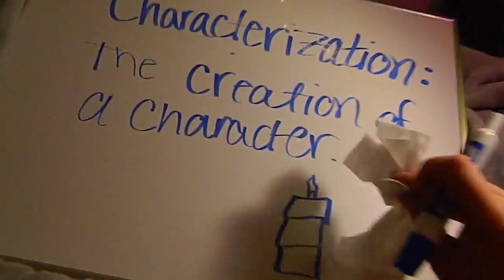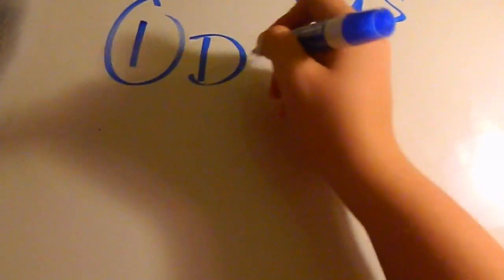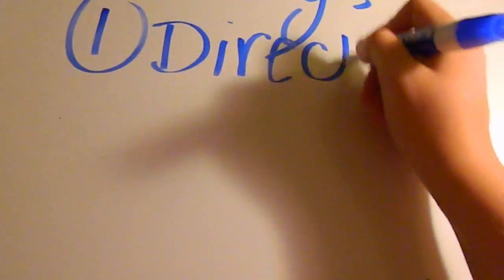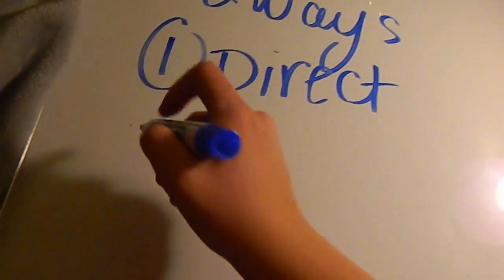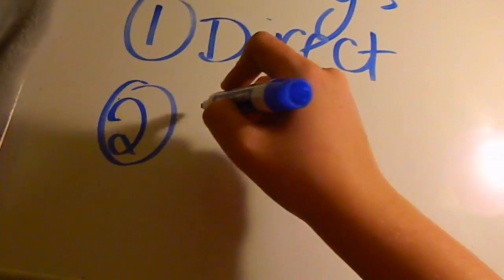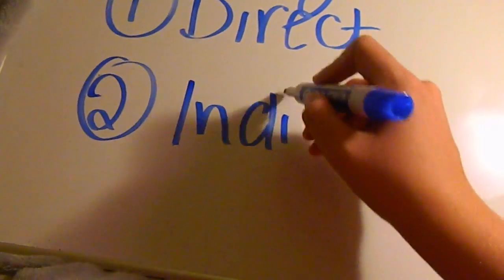Now, we are going to go to the two ways of characterization. The first way is direct. And the second way is indirect.